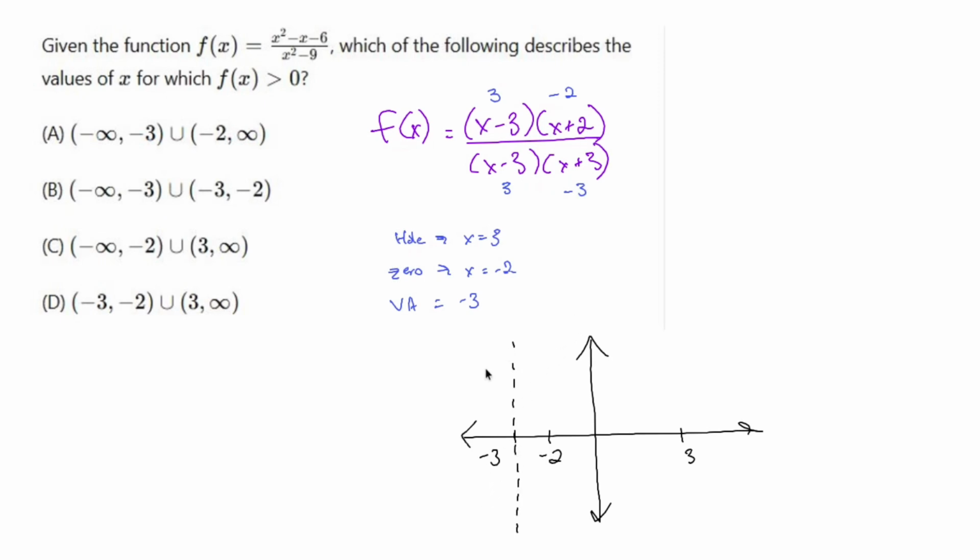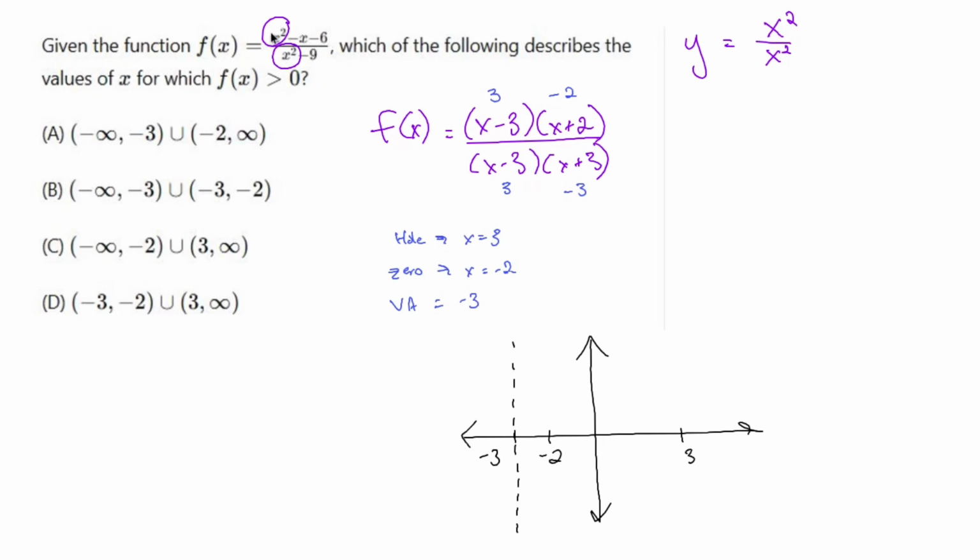What I also need to find out is a y-intercept and a horizontal asymptote. Let's do the horizontal asymptote first. A horizontal asymptote exists whenever the degrees are the same in the numerator and the denominator, or the degree in the denominator is higher. These are the same, so my horizontal asymptote is x squared over x squared.